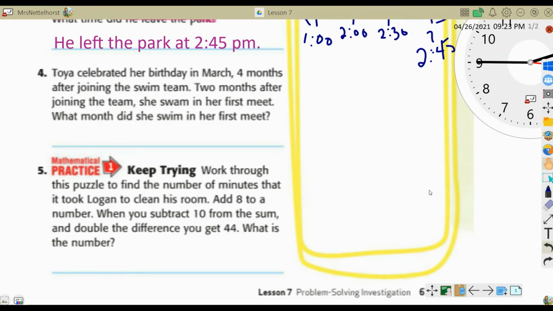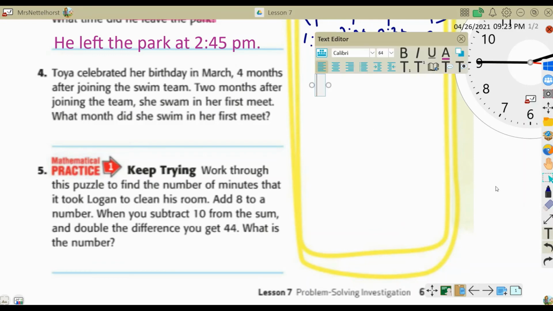Okay, so she celebrated her birthday in March. So what I would do is I would write the months of the year. Just make a list. So January, I'll make it smaller in a second, otherwise it's going to take up the whole box.